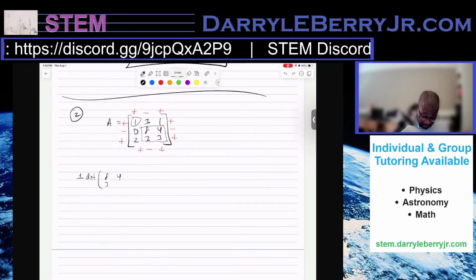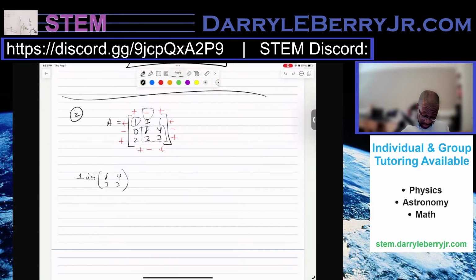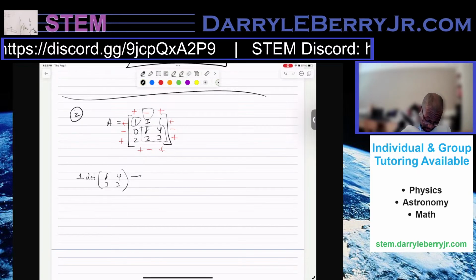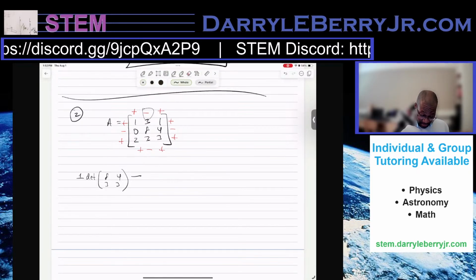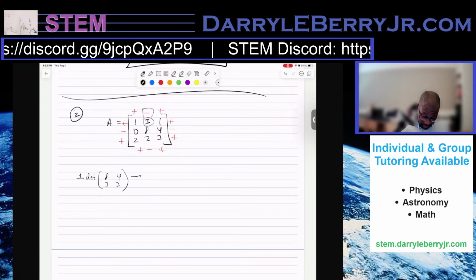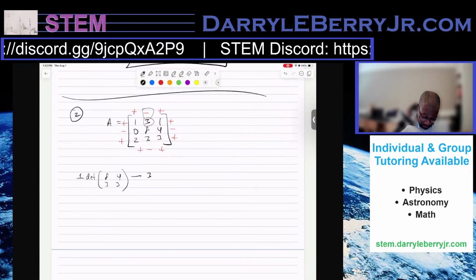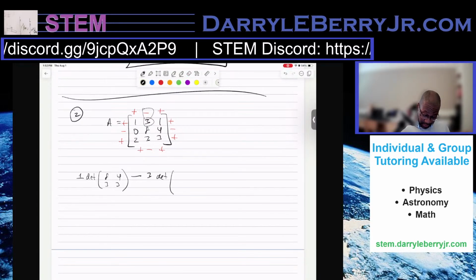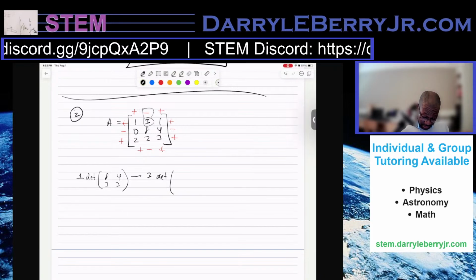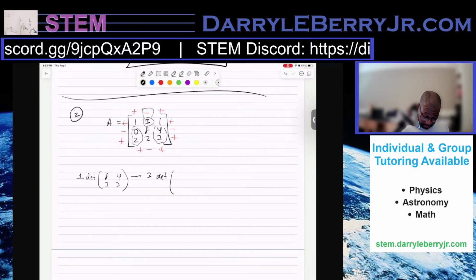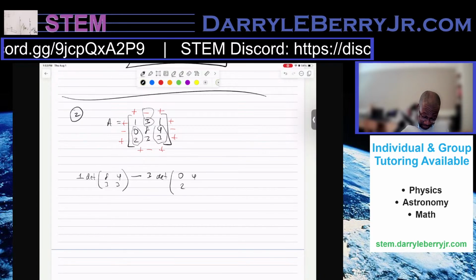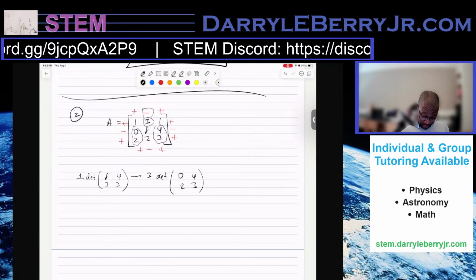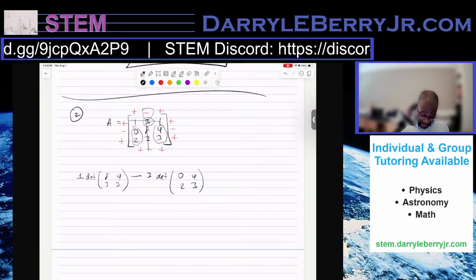There's a 3 there, and I want to put another box here, so let me erase some of that. So this is going to be a 3, because since it's this row, I'm going to have to take everything else but that. So this is going to be determinant of 0, 4, 2, 3, because everything else is scratched out.